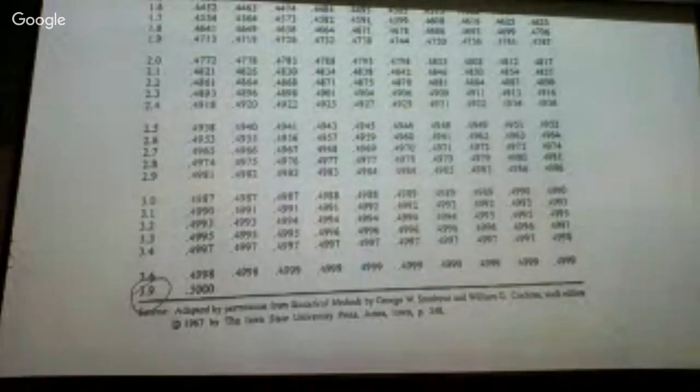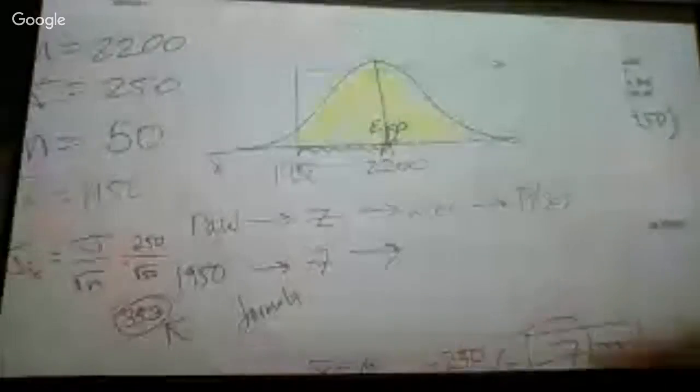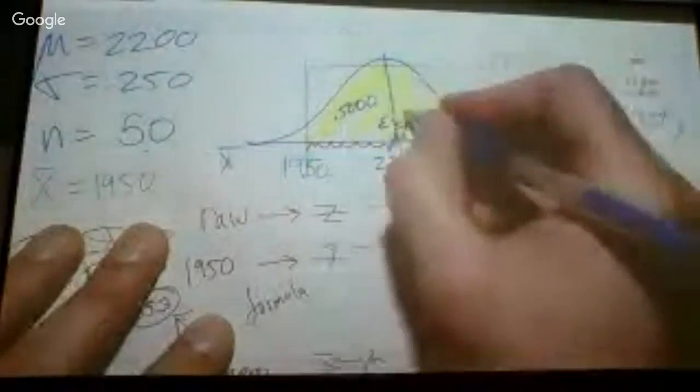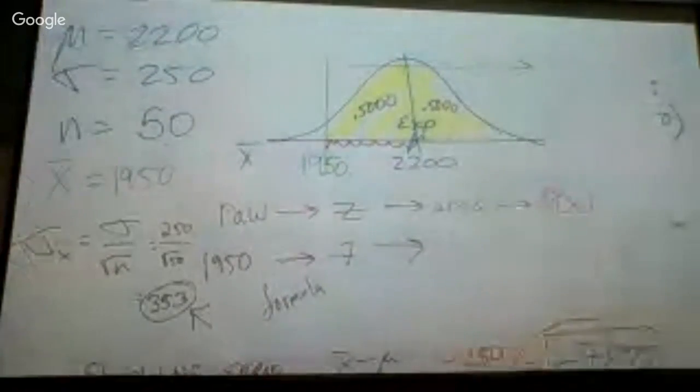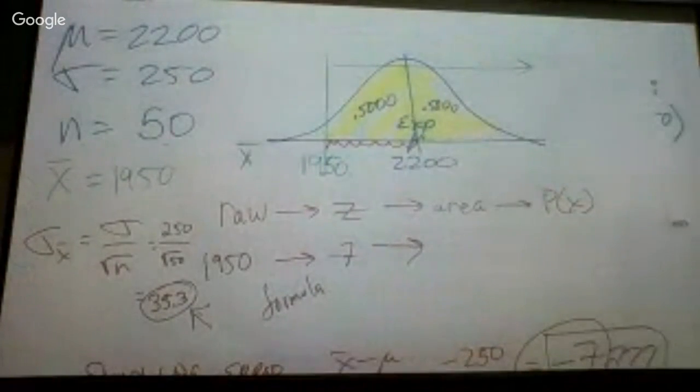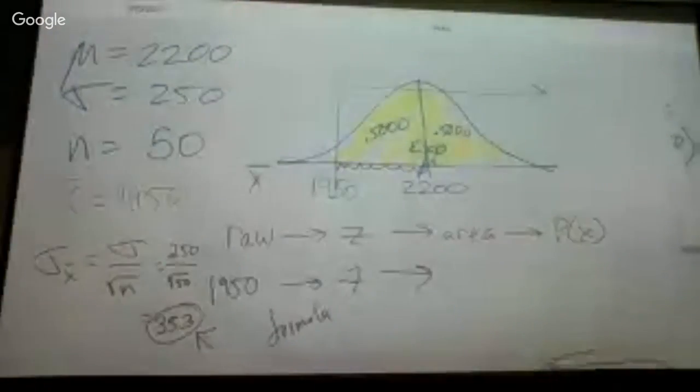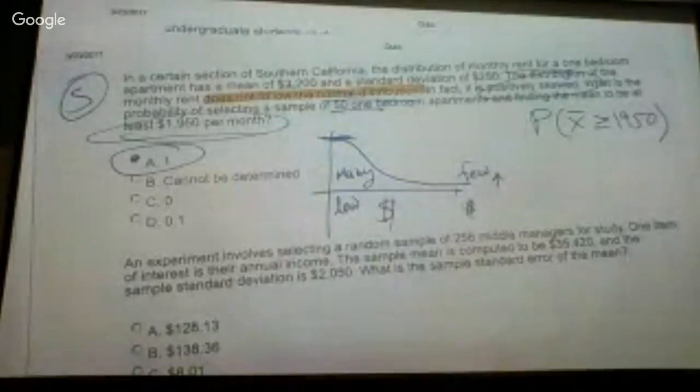As soon as I get to 3.9, this area becomes 0.5. And that half is already 0.5. What's 0.5 plus 0.5? 1.